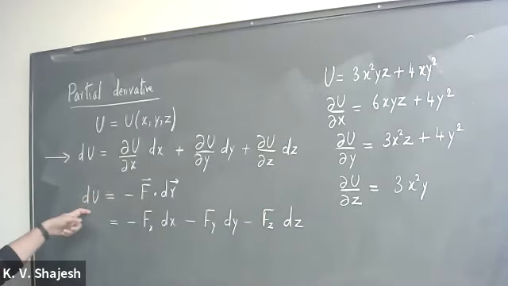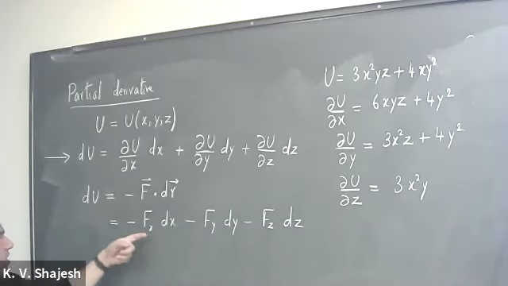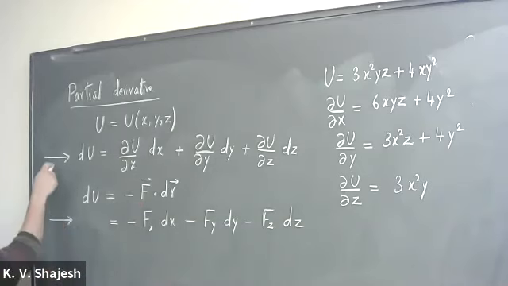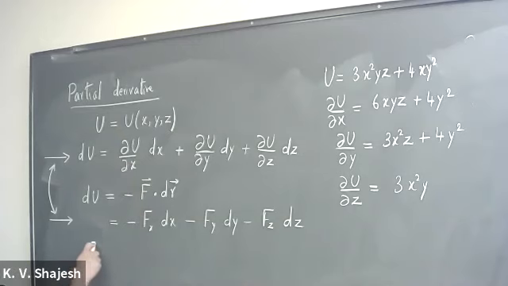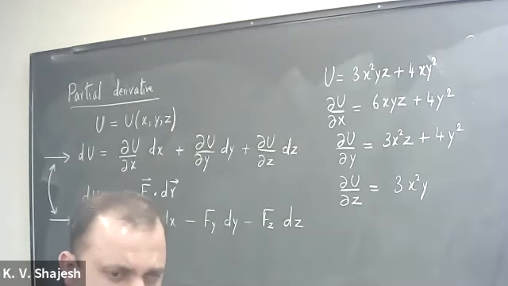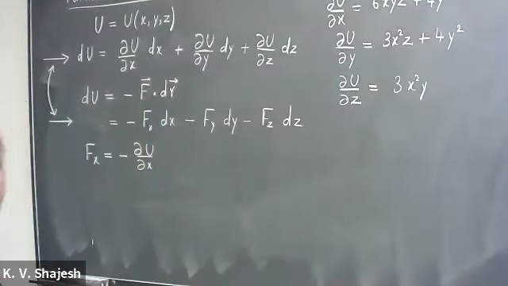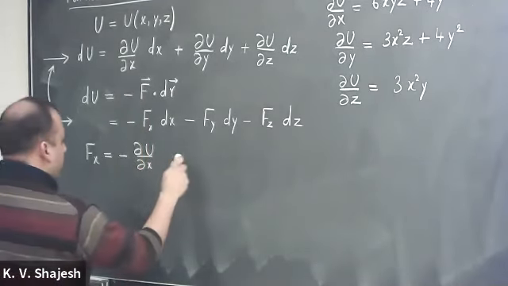And in physics, we have seen that the differential change in energy is given in terms of force this way. If I were to compare these two, so I'm using the idea of partial derivative with the idea of force, I learn that my x component of force is minus the derivative with respect to x. The only thing I have to change is almost the same as whatever we did here, except that I now have to do a partial derivative with respect to x instead of a total derivative in one dimension.